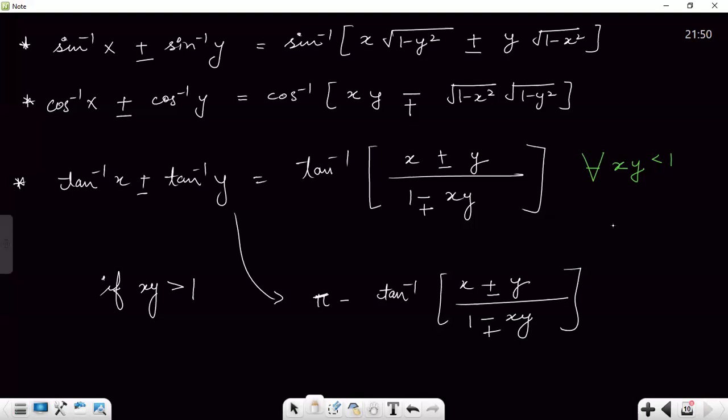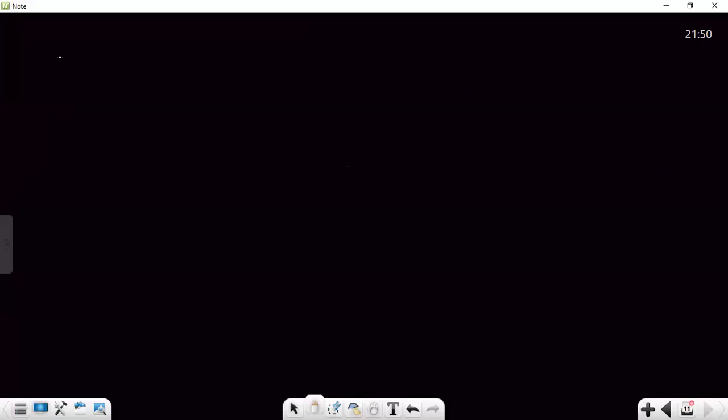Okay, let's now discuss the formulas of double angles. What we discussed earlier, that sine of 2 theta is 2 sine theta into cos theta.